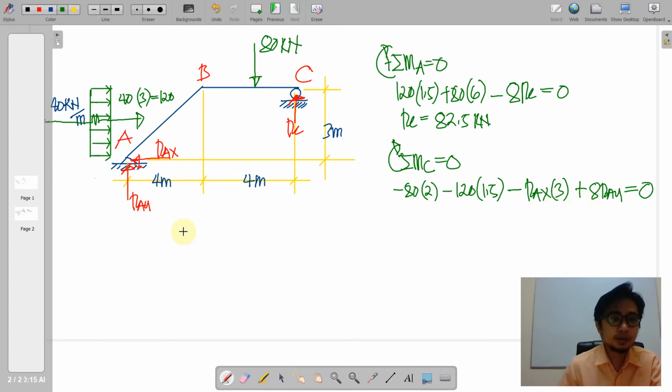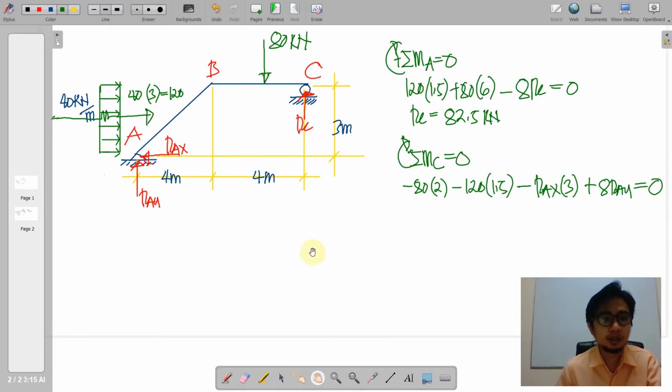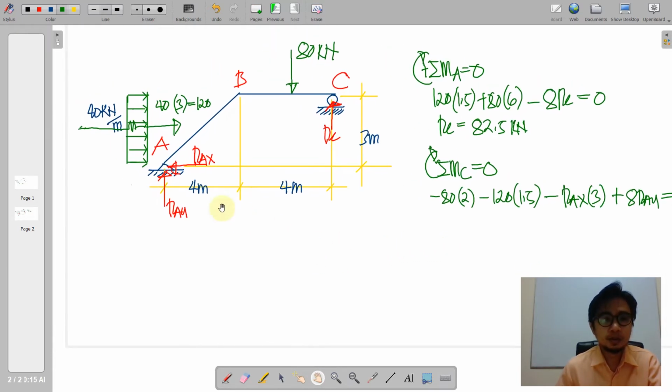Of course, if you will look at the figure, we are pretty sure that RAX is simply the horizontal force here by summation forces X is equal to 0. So by equilibrium of our horizontal, we can just say that RAX is equal to 120.